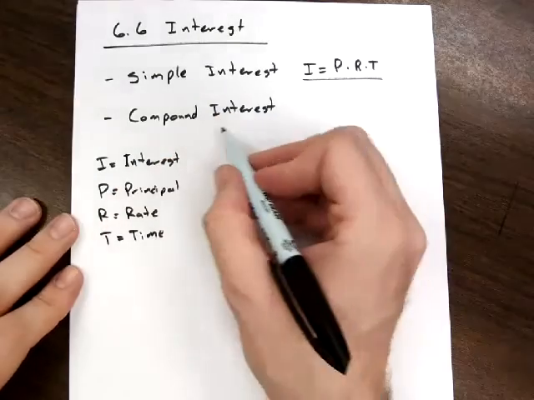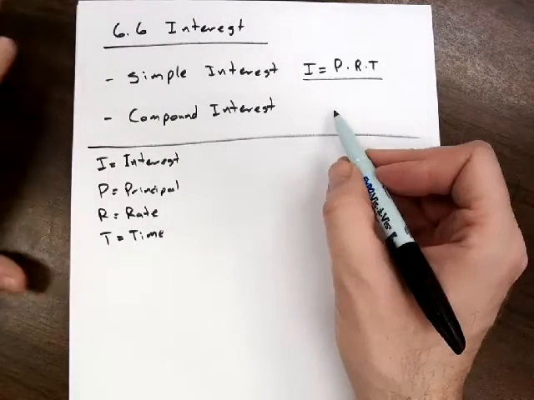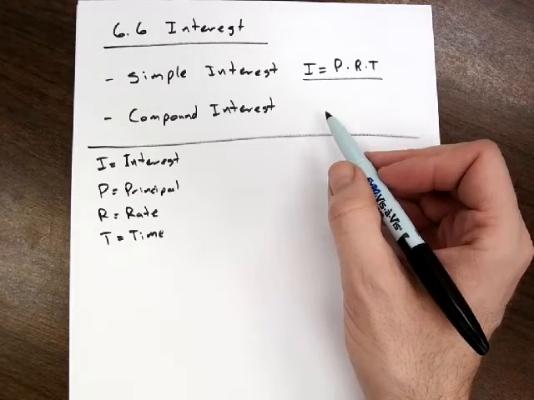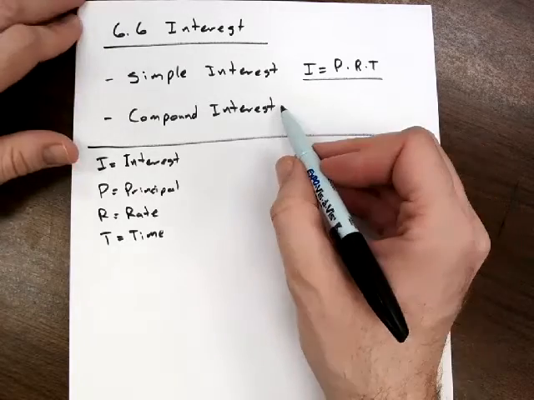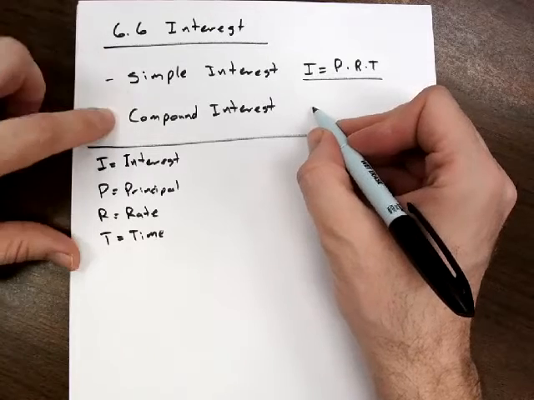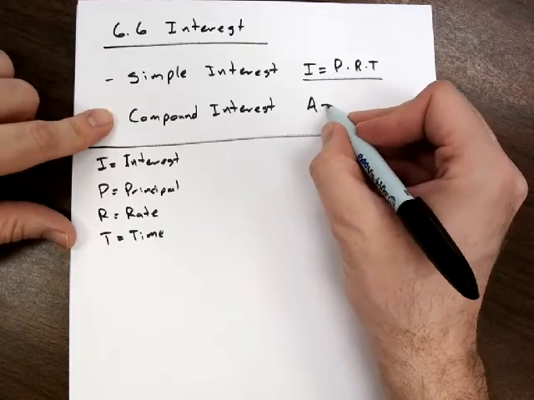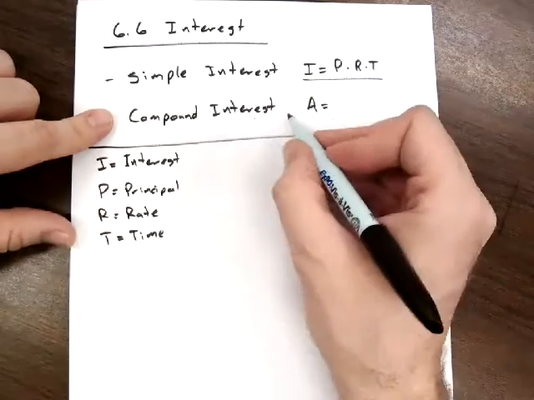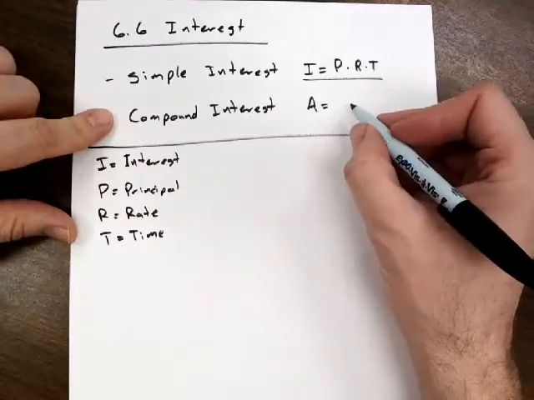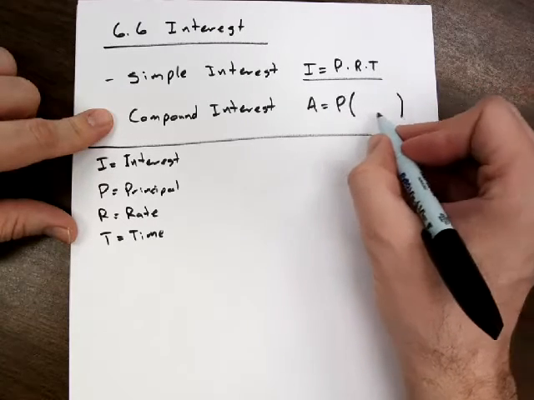Now, compound interest is where things get a little bit more complicated. Now, we still have something similar to this, but with this, we'll say that at any given time, the amount that you have, either in a loan or an account, is going to be equal to your principal times something a little bit more complicated.